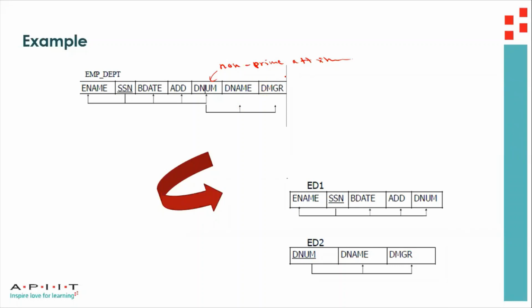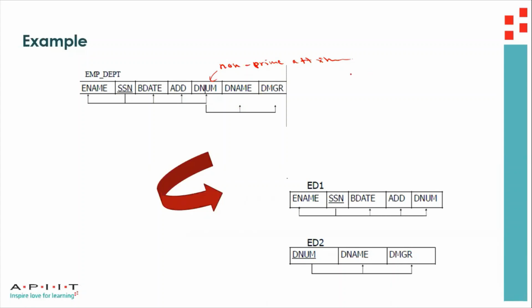So this is not in the third normal form. To be in the third normal form, you have to satisfy the second normal form, and there cannot be any transitive dependencies. No non-prime attribute can depend on another non-prime attribute.